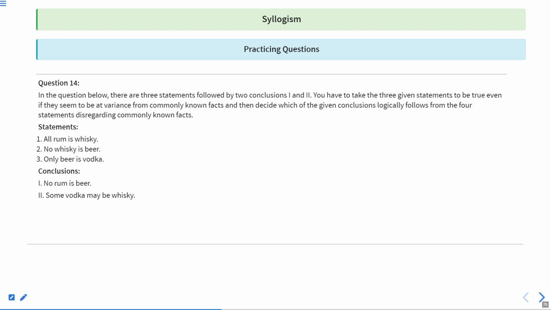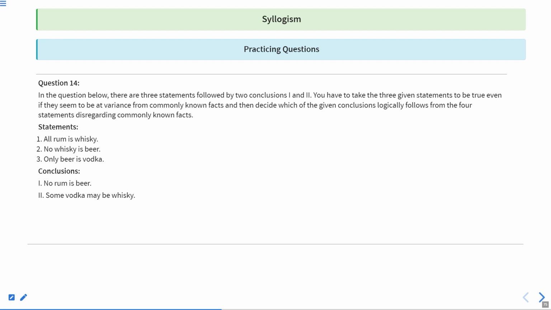And based on those statements, we will try to draw a Venn diagram. Why Venn diagram? Because there are various methods by which we can solve syllogism. It is not the only one method. You can use the universal and intersectional method. You can use the assumption method. You can use the different rules that have been provided.